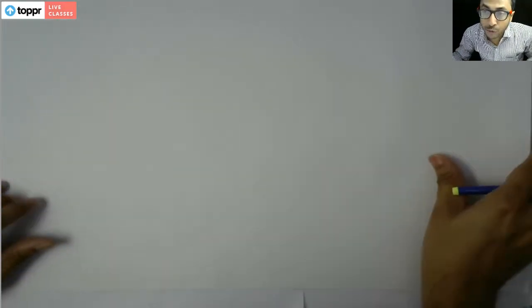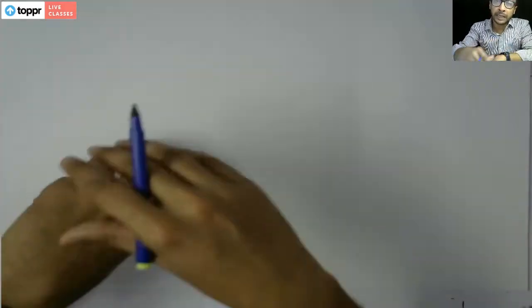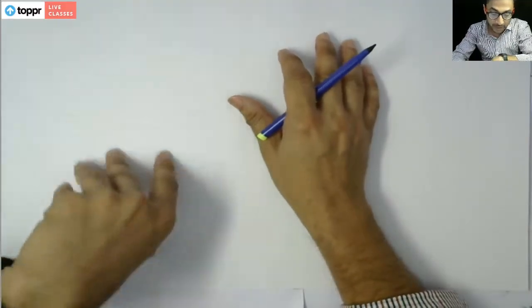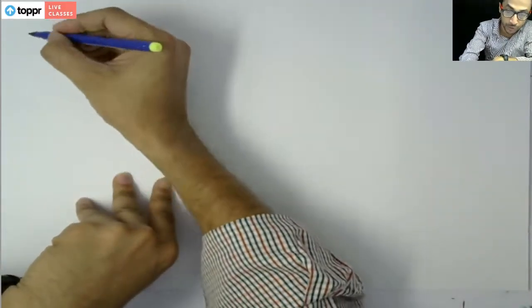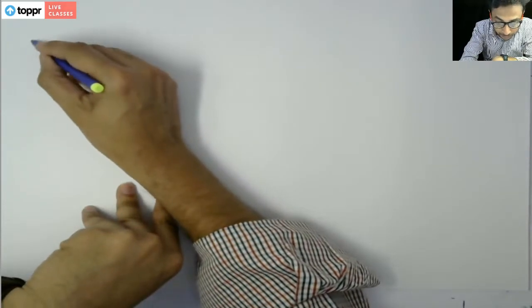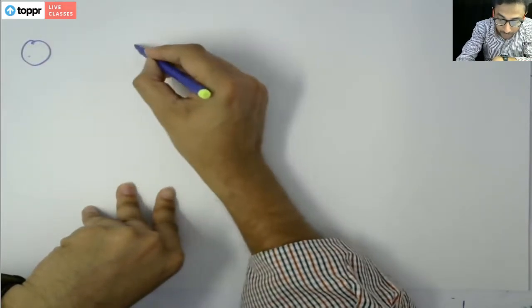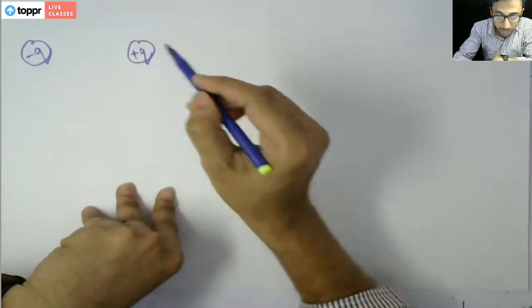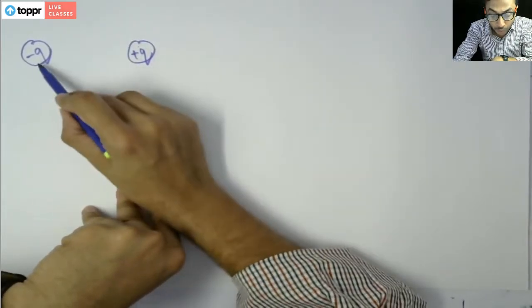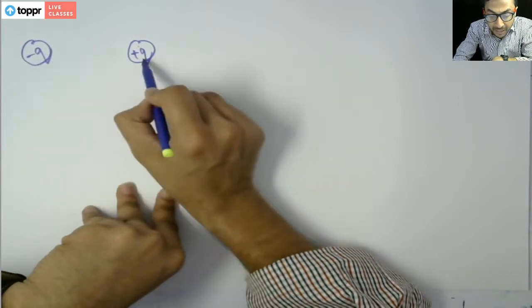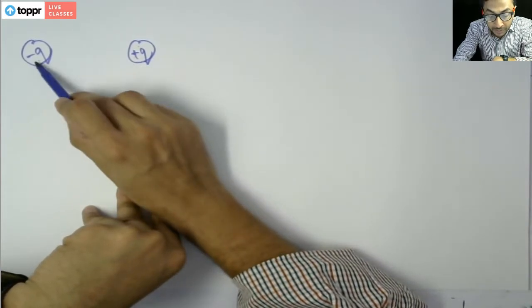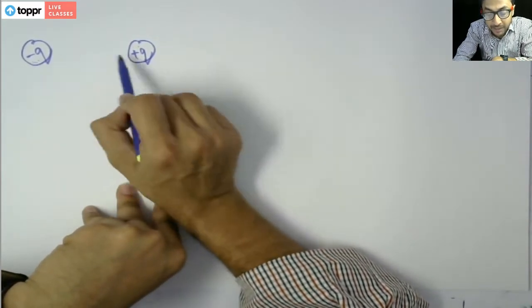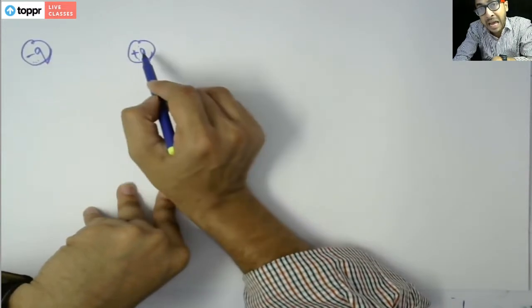Now let us try to draw some electric field diagrams for some simple charge distributions. You know, minus and plus, the force between minus and plus is attractive.